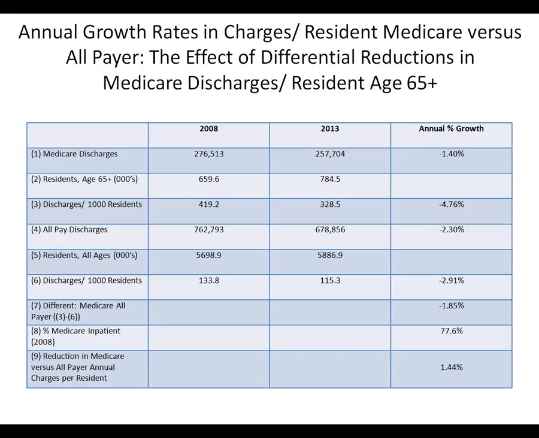I think the key point is there are two factors coming into play. One is the mix of services and the fact that Medicare uses more inpatient services, which in general have a lower inflation rate. And secondly, the rate of inflation that Medicare has experienced in inpatient services is depressed relative to everybody else because Medicare discharges have dropped so rapidly.